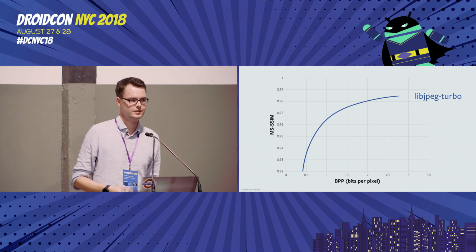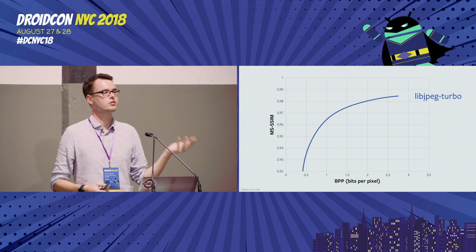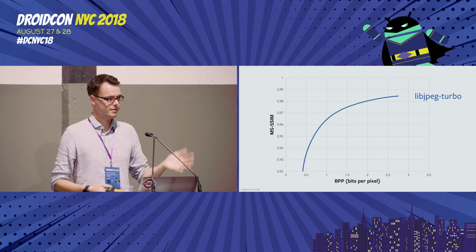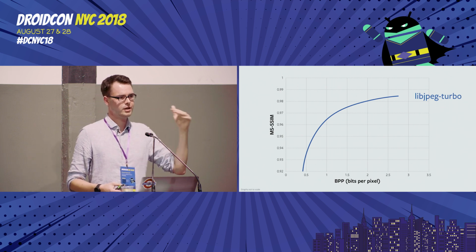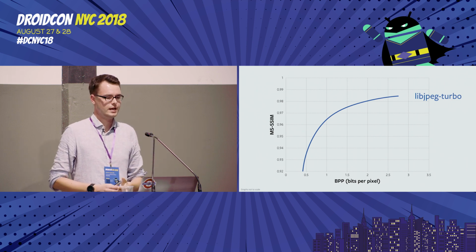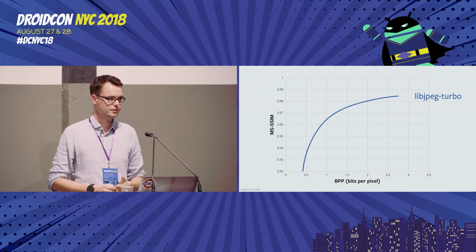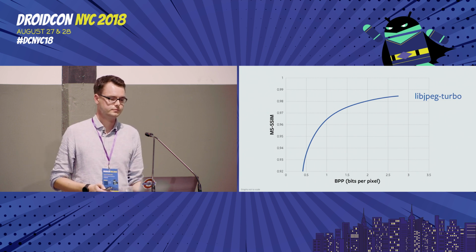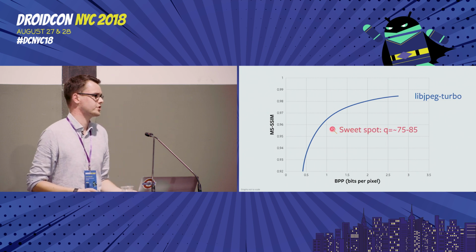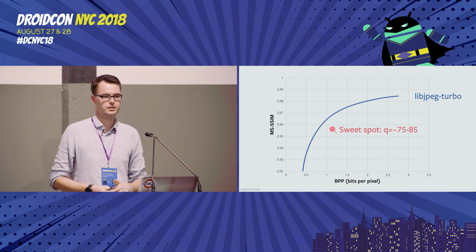In the beginning, we see that for every bit that we spend on an image, we get a lot of quality improvement. Then there's a spot where we've reached already quite good quality, but we still get good return. And then there's a long tail where no matter how many more bits we spend, those returns are quite diminishing. Usually for JPEG, your sweet spot is somewhere in the range of 75 to 85.